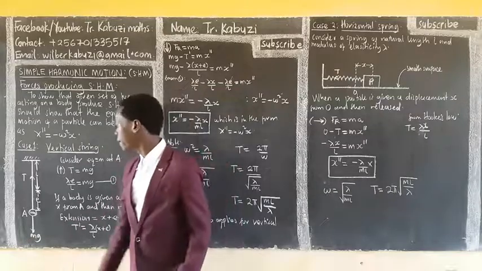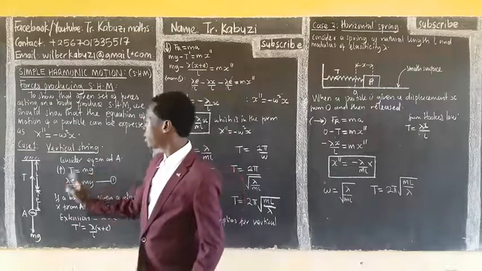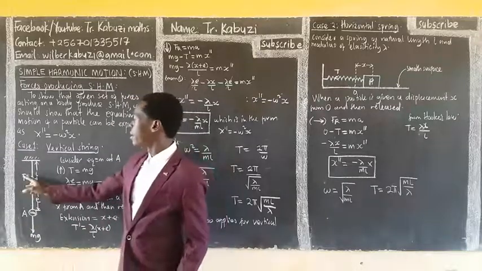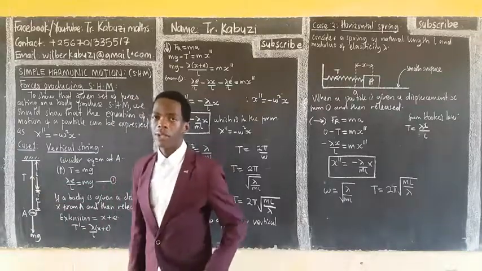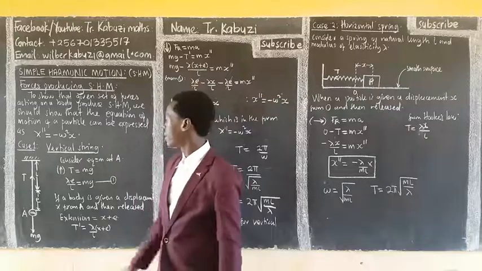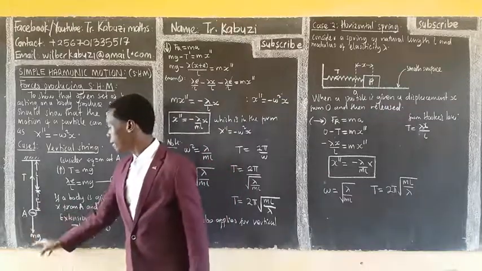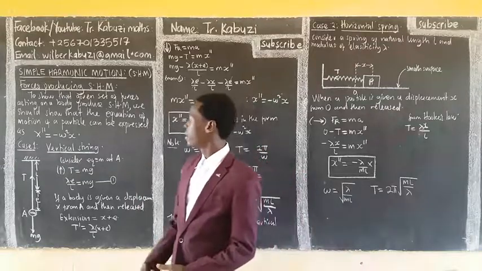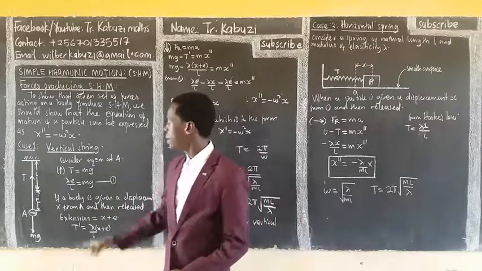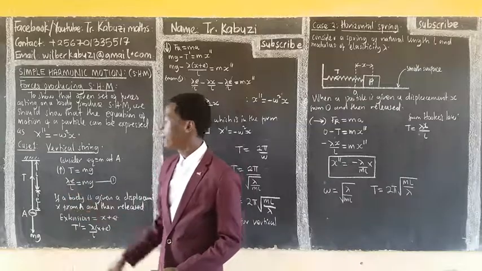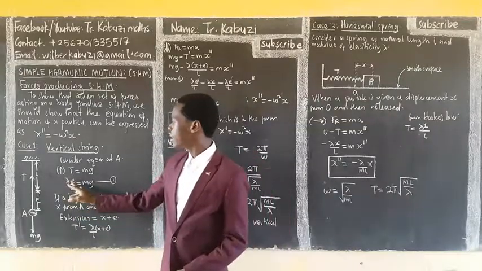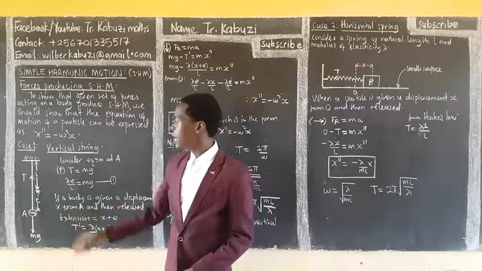So from A, if you consider this at equilibrium, it means that the vertical forces upwards are equal to the vertical forces downwards, since there is no acceleration. And then we know from Hooke's law that the tension in the string is given by the modulus of elasticity times the extension made over the natural length.